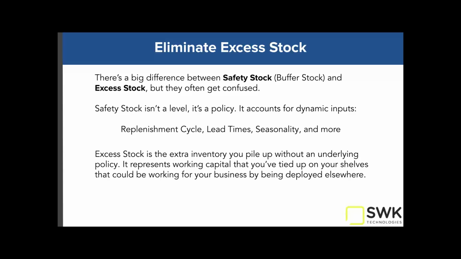And so I want to be clear that excess stock is stock that's above and beyond that safety or buffer stock. Safety stock isn't really a level as much as it's a policy, right? It's intentional. This is a specific amount that I want to have in buffer to manage different risks that exist within my supply chain.